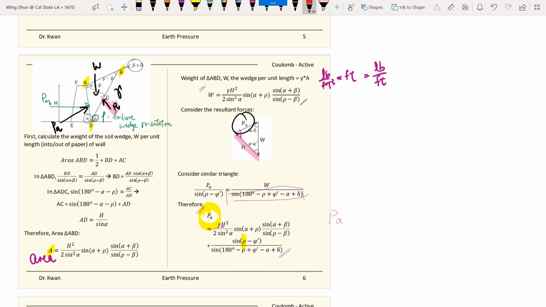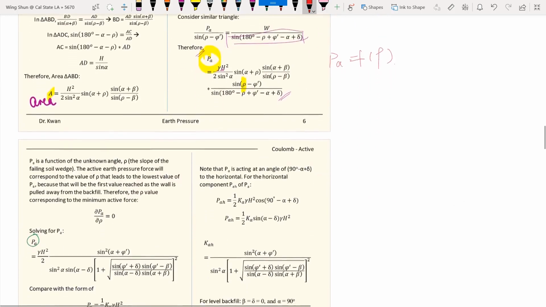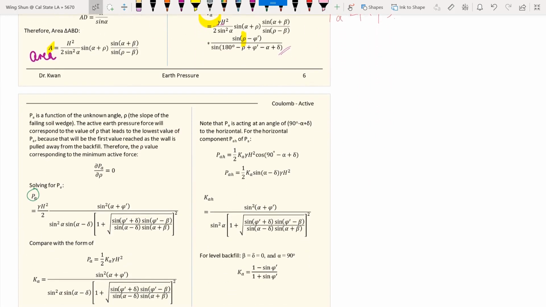So you can see the P sub A is a function of the orientation of the failure wedge, and we need to find the one that provides the smallest support from the retaining wall. Mathematically, we can do a search, and the slope of the failing soil wedge can be found by differentiation.